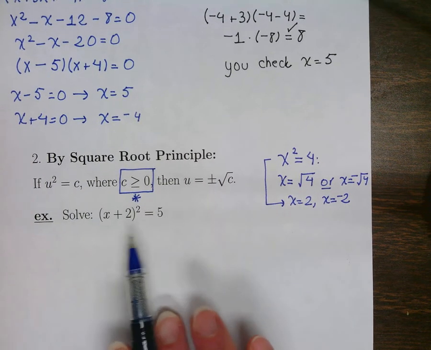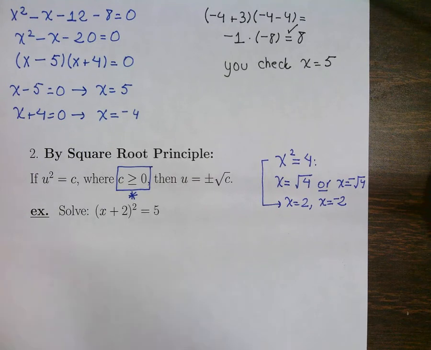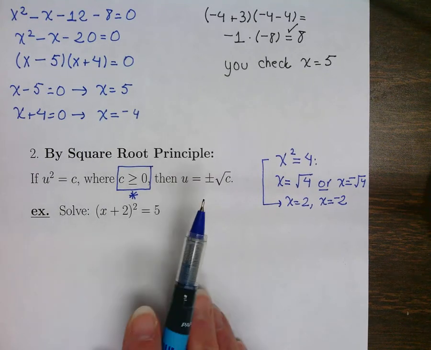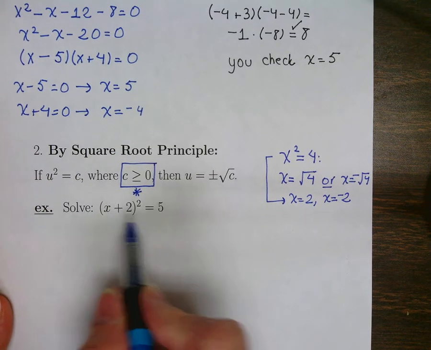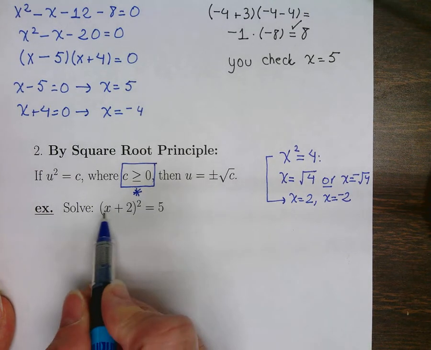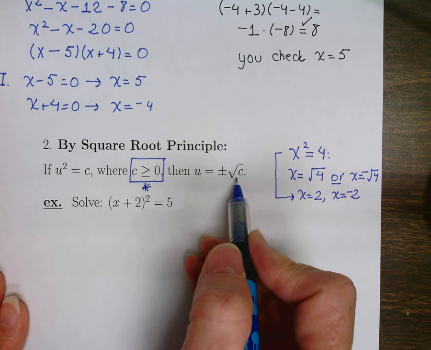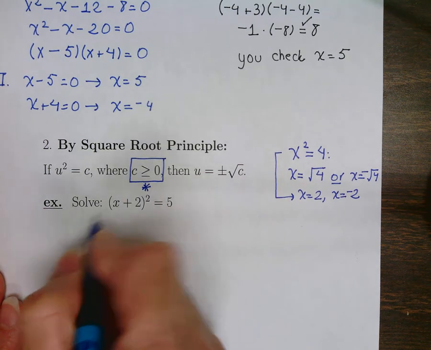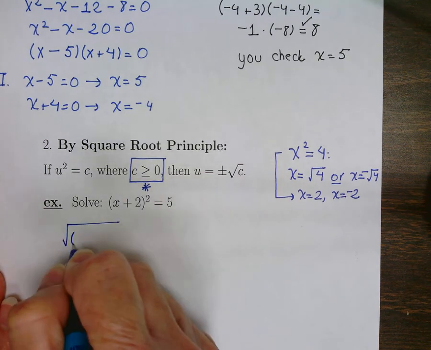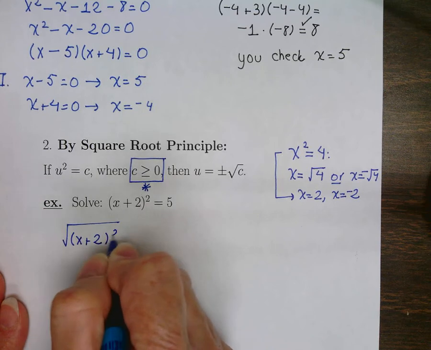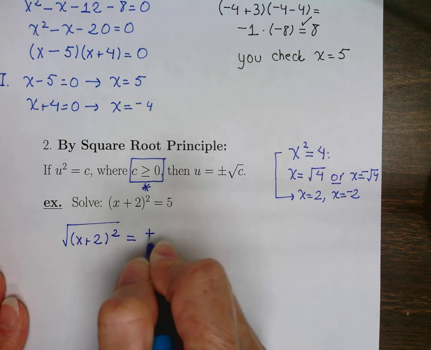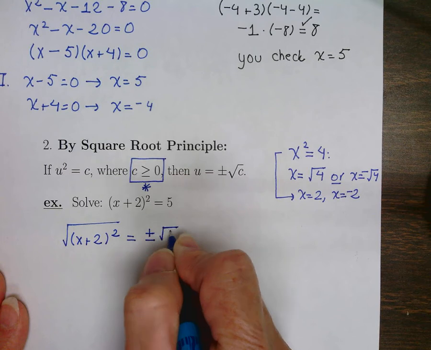All right, so when we're looking at an equation like this, we can solve using that square root principle. Okay, and how do we do that? We simply take the square root of both sides, or we just use this directly. So we can say the square root of (x plus 2) squared equals plus or minus the square root of 5.